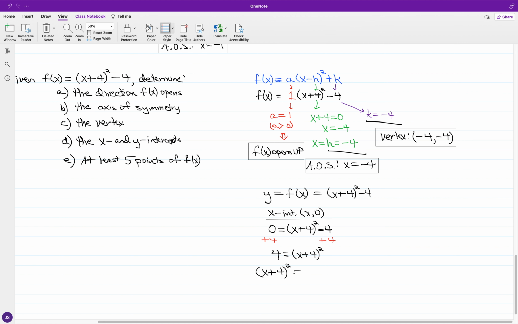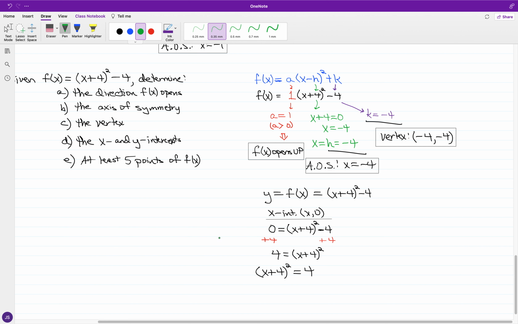So we have the square of x plus 4 equal to 4. Along the lines of the square root property of equality, if I have the square of an expression set equal to a constant, then that expression is equal to plus or minus the square root of the constant.